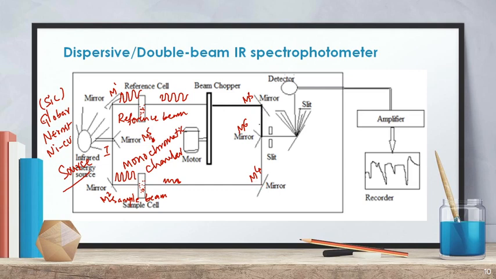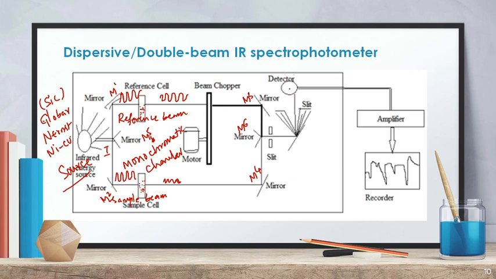After that the two beams are gathered here by mirror 6. Then the two beams enter through a slit towards the detector, and the two beams are detected by the detector.